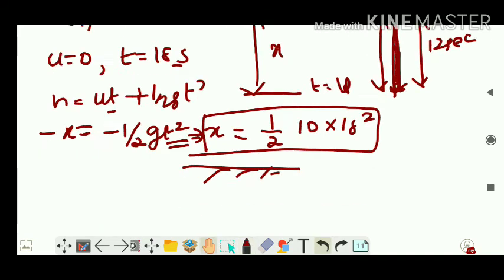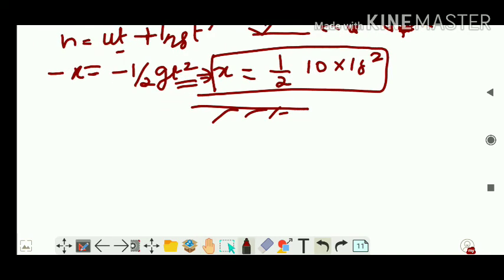Now let's take the second ball's case. Now the second ball, initial velocity, it is thrown, right? So let's say its initial velocity is v, and since I told you the time will be 12 seconds for it, and g is minus 10. The second ball is thrown downwards, so it will be minus v.